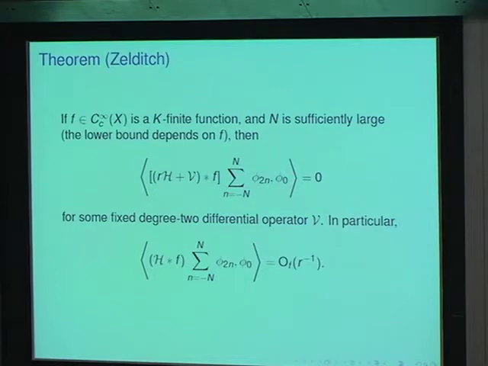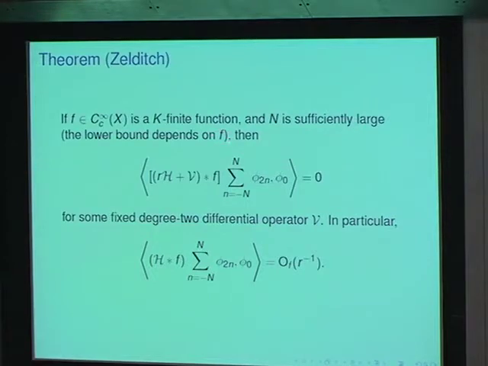And there's a statement. We take a function, smooth compact support, k finite, and we assume that n is big enough, but f is fixed, the eigenvalue goes to infinity, and n we will define as a function of the eigenvalue. So once the eigenvalue is big enough, n is sufficiently large as a function of f.